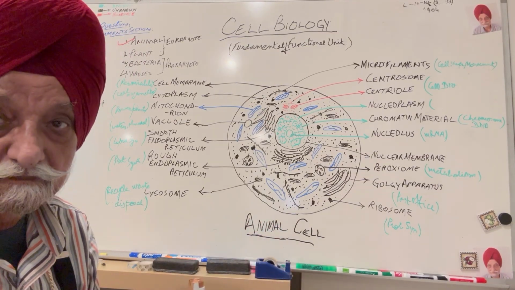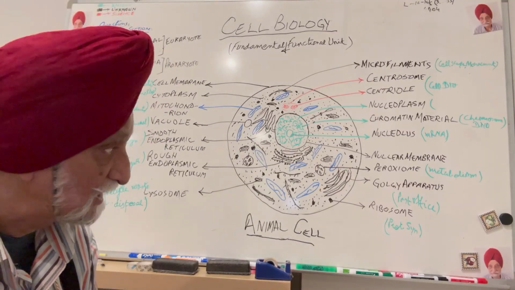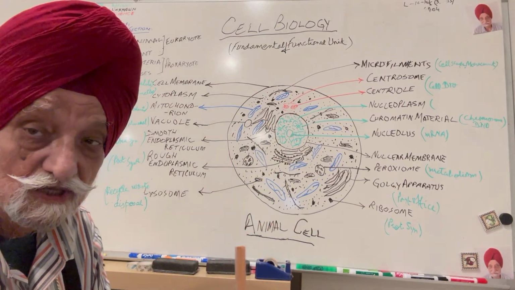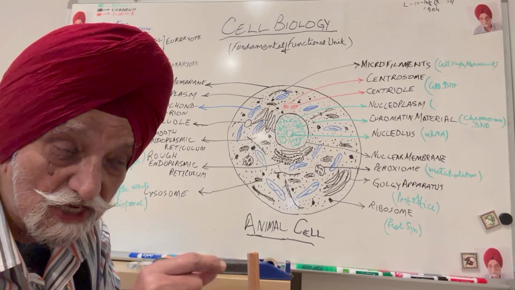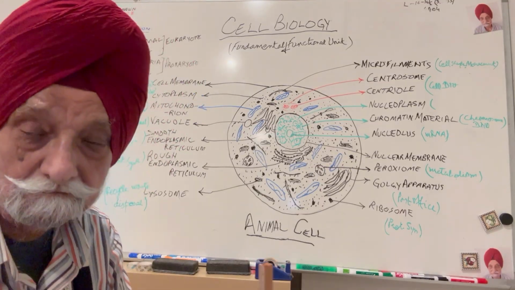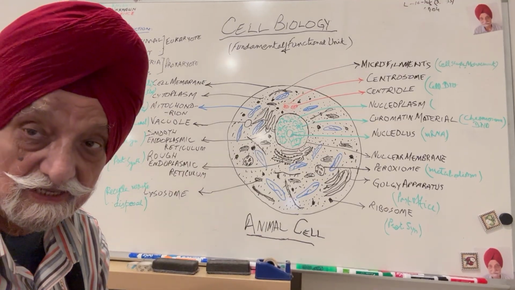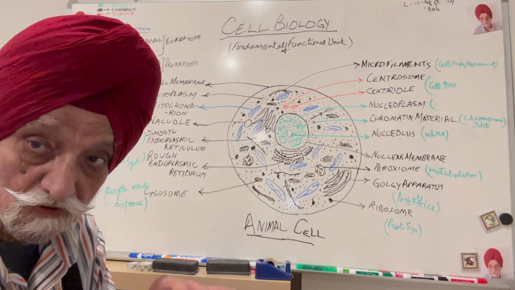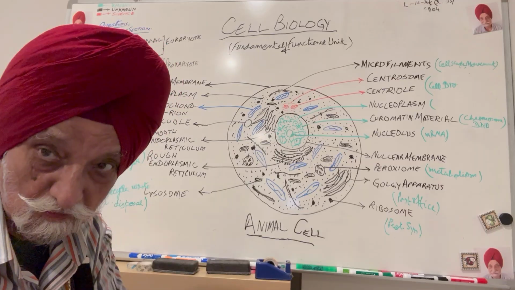Plus, in the cytoplasm, there are certain structures which are called cell organelles. These are called cell organelles because each structure, in its own shape and form, performs a definite function on its own. And because the individual structure performs all the functions on its own, it is called an organelle, a small organ.